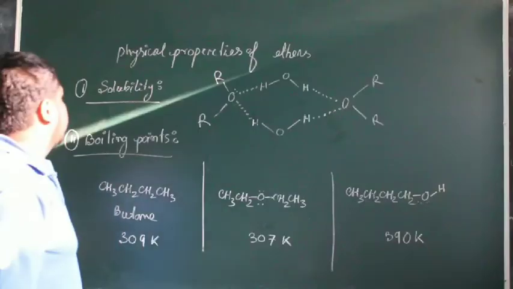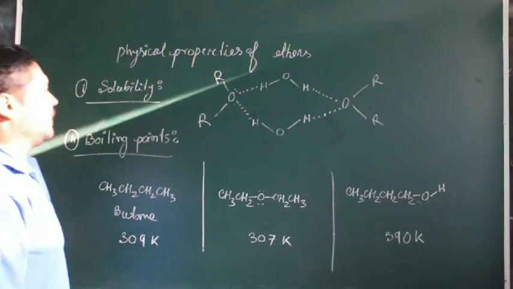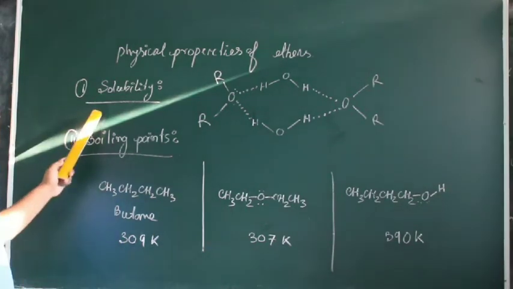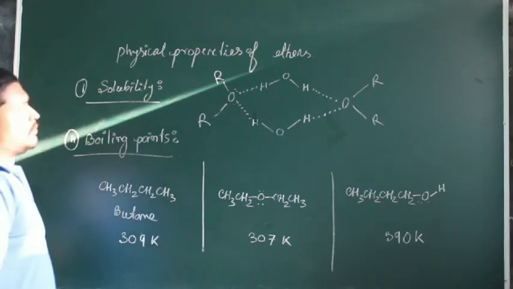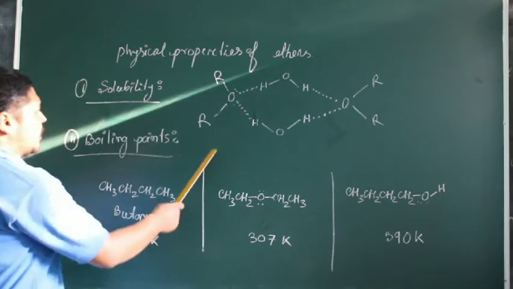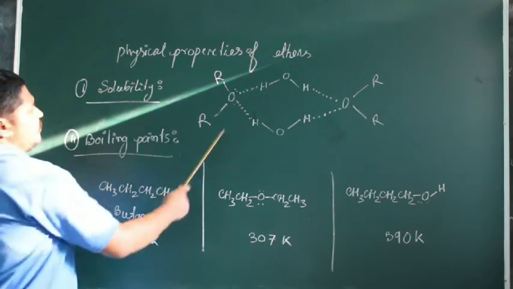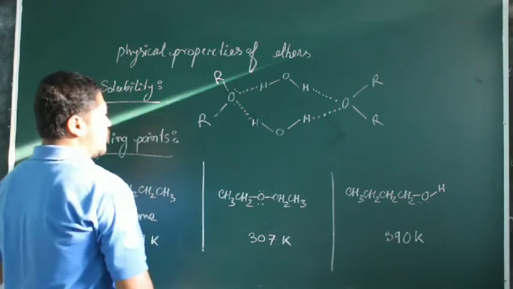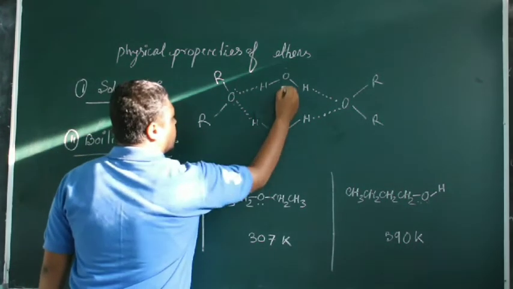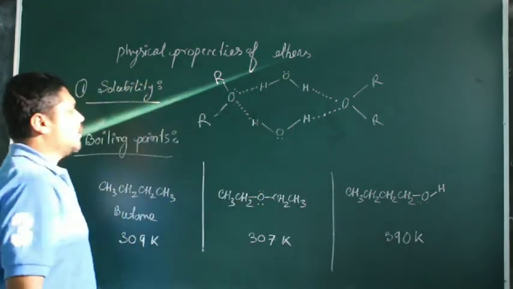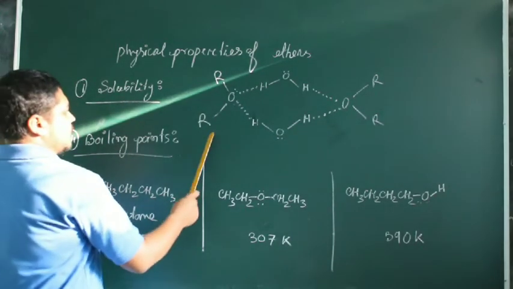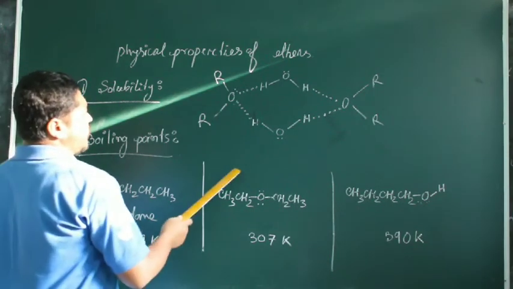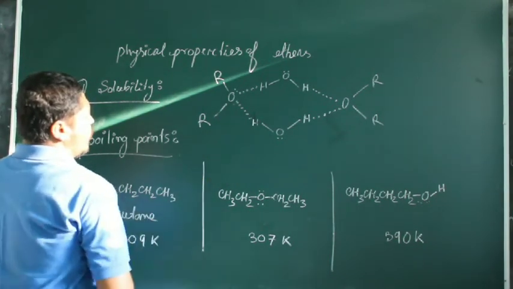Next topic, physical properties of ethers. Number one, we will discuss solubility. Ethers are soluble in water because ether is a polar molecule due to the presence of the oxygen atom, and water is also a polar molecule. Ether dissolves in water due to the formation of hydrogen bonding between ether and water molecules.